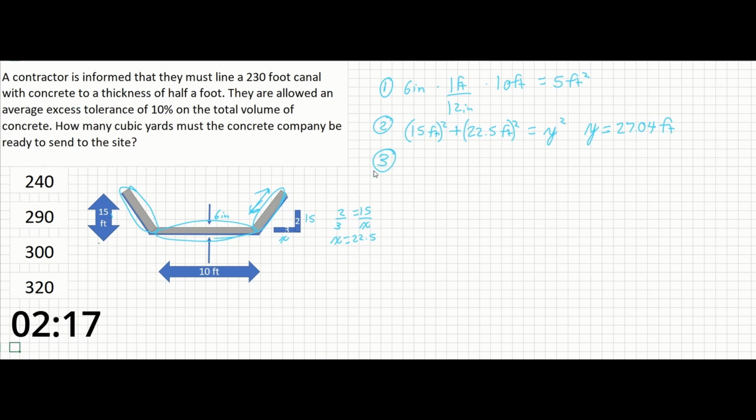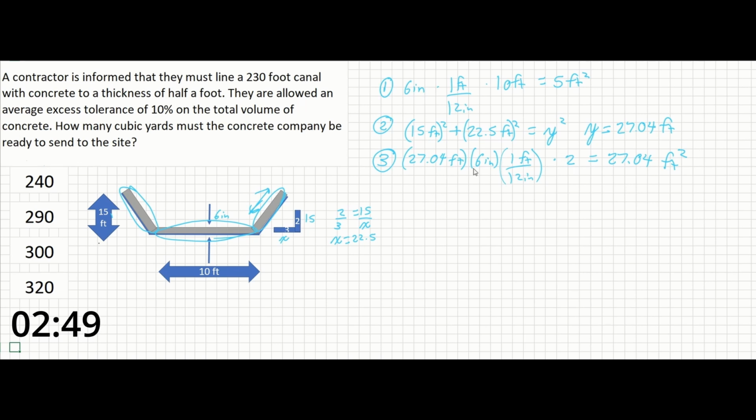So next, we can get the square footage for both sides of the canal now that we have the hypotenuse. So we can say 27.04 feet times the thickness of 6 inches times 1 foot over 12 inches for our unit conversion, times 2 because there's 2 sides to the canal, and that's also going to give us 27.04 square feet.